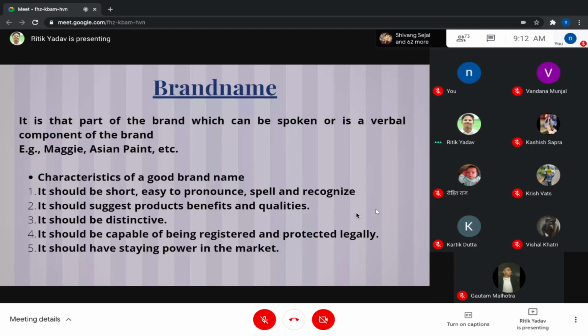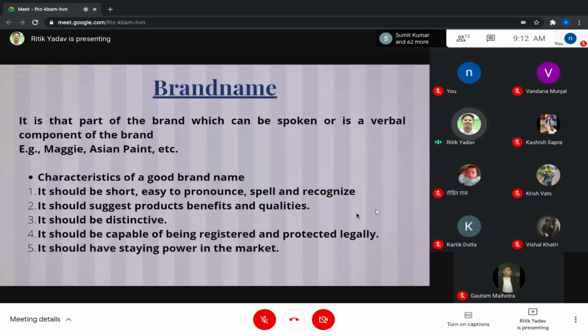Now first we will discuss brand name. It is the part of the brand which can be spoken, the verbal component of the brand. Examples: Maggi, Asian Paints, etc. Now we have some characteristics of a good brand name.